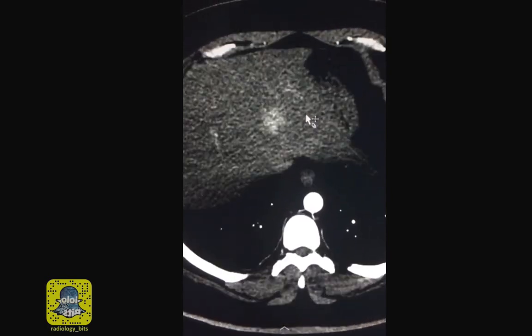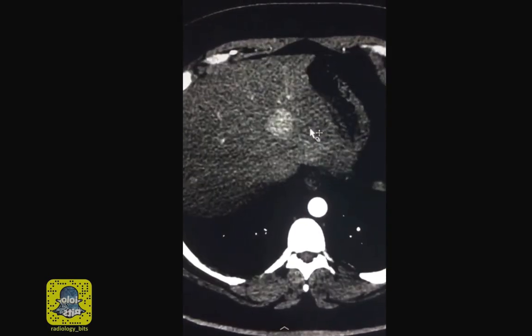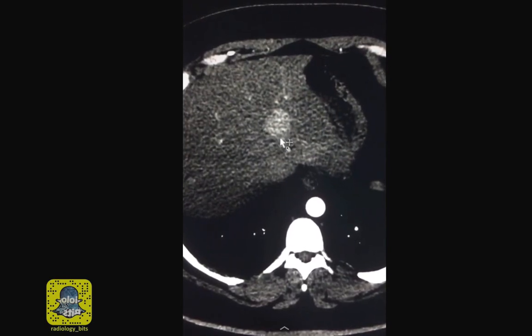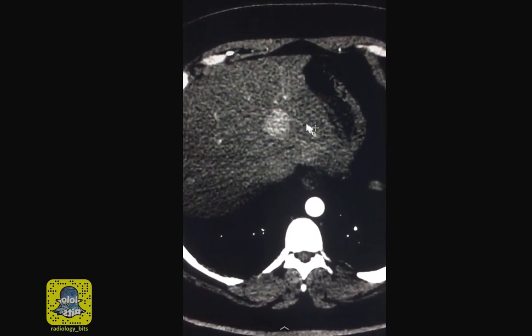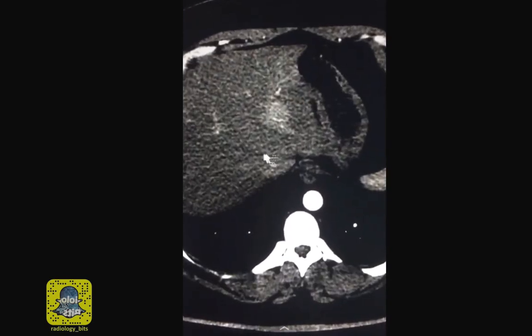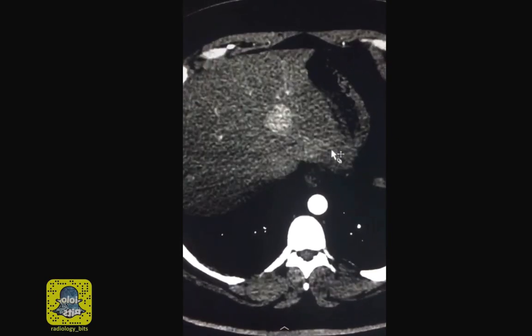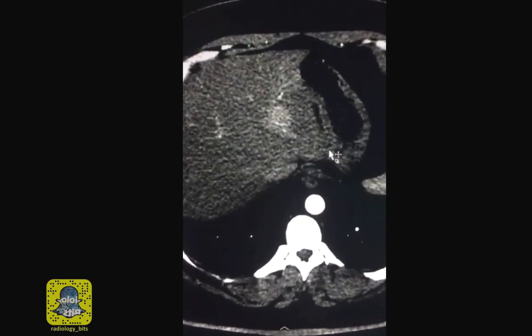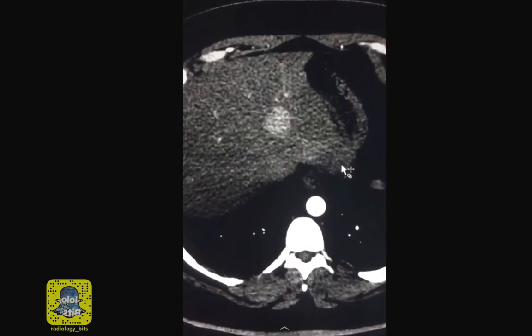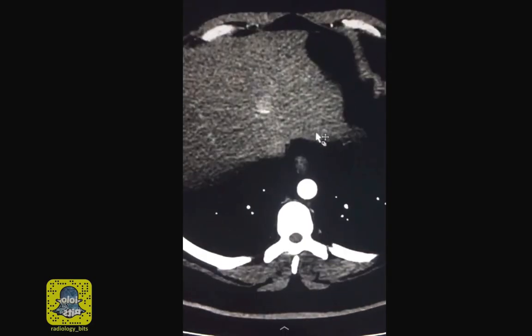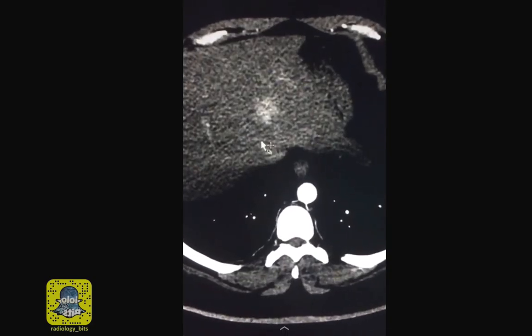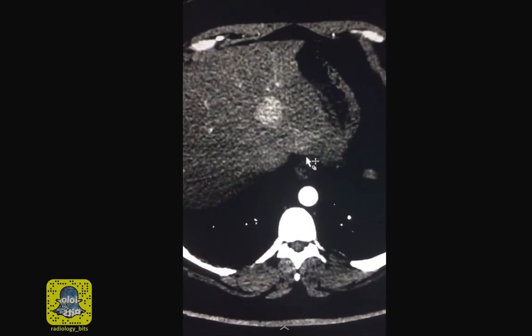So you'd see hepatocellular carcinomas typically on the portovenous phase as hypodense abnormalities after contrast has washed out. Even if the liver is not cirrhotic, you want to make sure that the patient does not have a risk factor for HCC such as hepatitis B virus. All of that was absent here, so this is not a hepatocellular carcinoma.